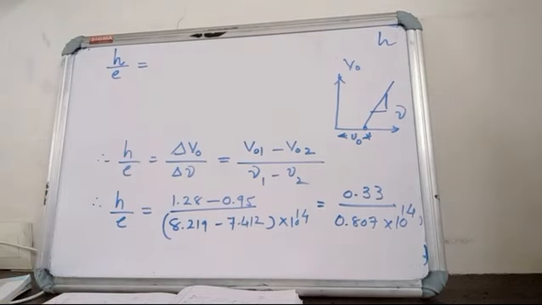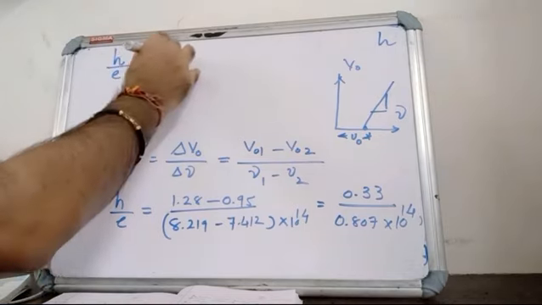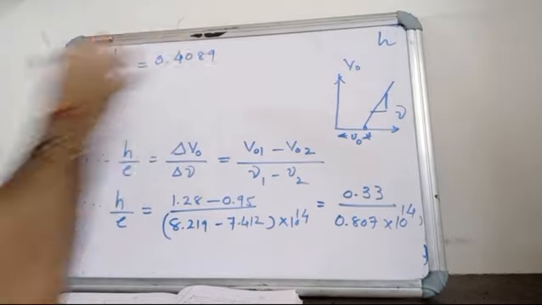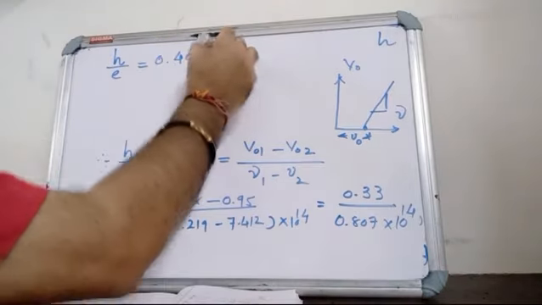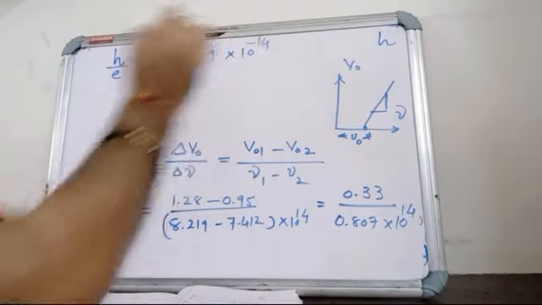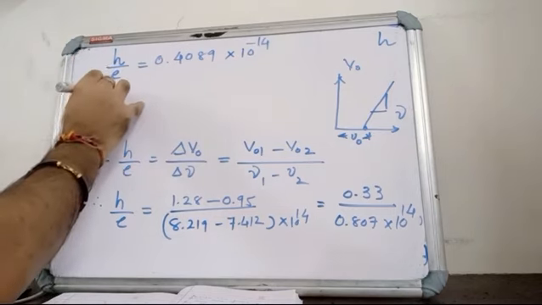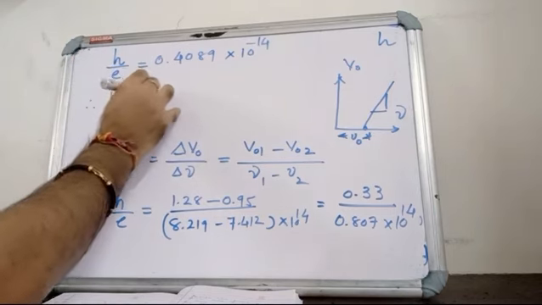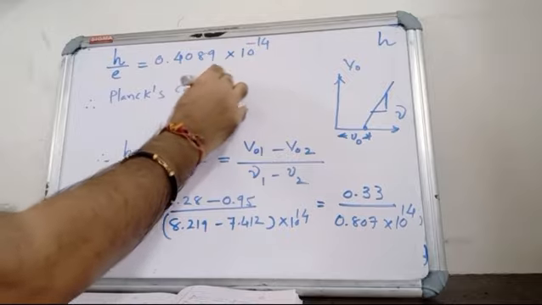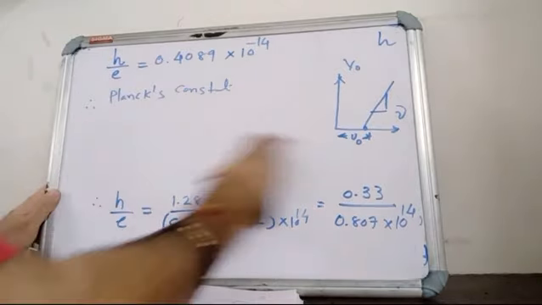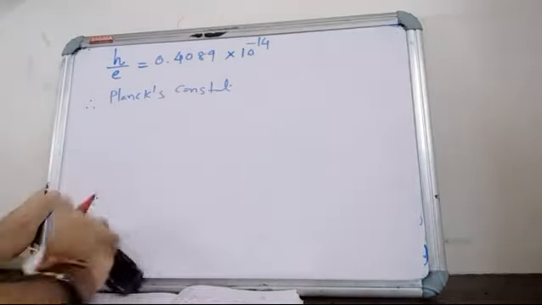0.33 divided by 0.807 comes to 0.4089 into 10 raised to minus 14. But I want to find out Planck's constant, right? So make h the subject.